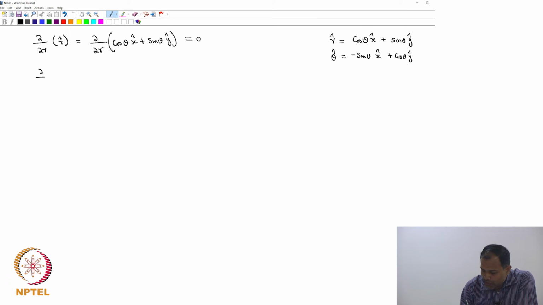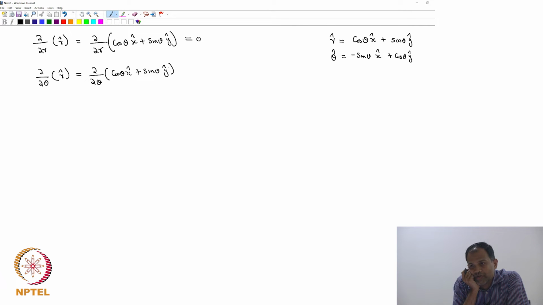Now, let us do del by del theta of r cap. Again we can take del by del theta of cos theta x cap plus sin theta y cap. X cap and y cap are constant unit vectors, nothing to do, but theta is there.